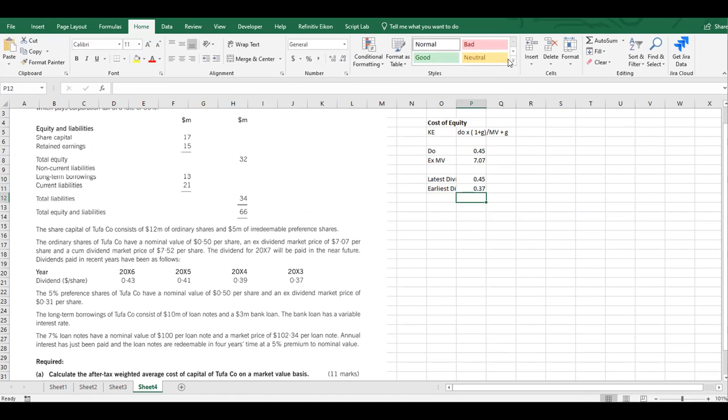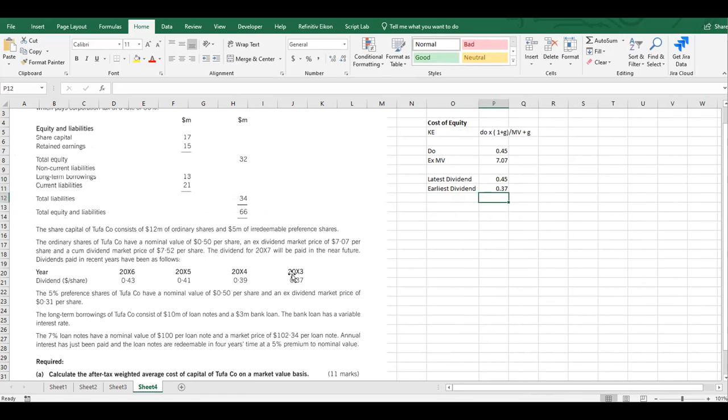So let's calculate the number of jumps. Sir, this one given here, 2, 3, 26 of 0.43, won't we take that as the latest dividend? No brother, 20x7 is the latest year, that one is 20x6. That is 20x6. Latest is 20x7.